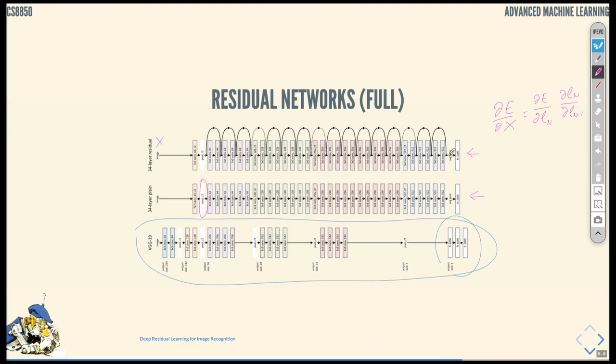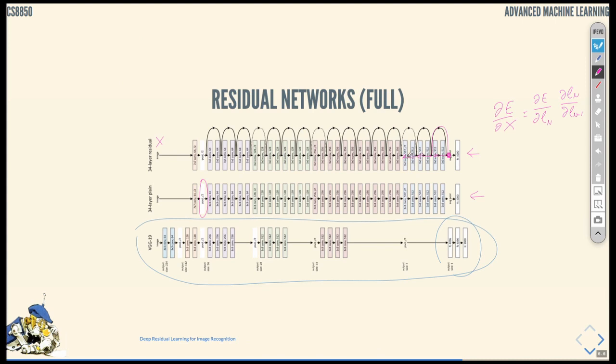But right here at this inflection point or bifurcation, we will have two gradients. One goes through identity unchanged. Whatever we had here will be right here, and this whole gradient gets through, and will get added and passed through each of those blocks.